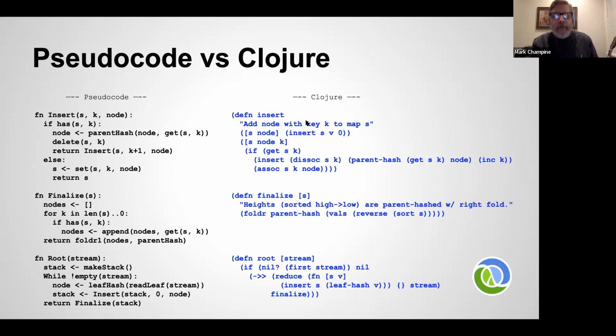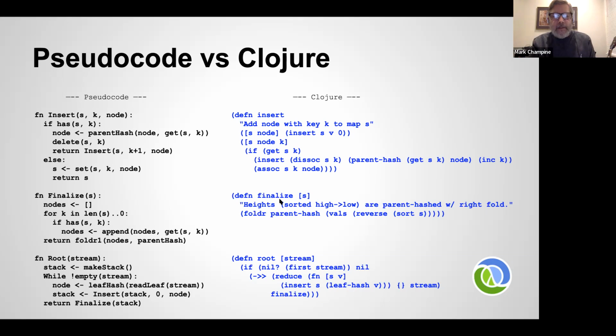There's an insert where we're taking chunks of leaves from that input stream and building up this structure incrementally. I'm using a map, and the original code uses an array, but it essentially serves the same purpose. The finalize step, we talked about doing a fold over all the eigen roots plus the leaf.